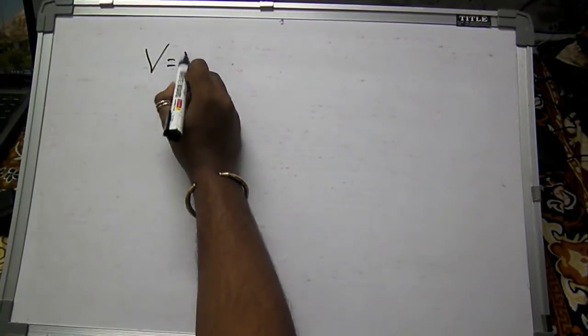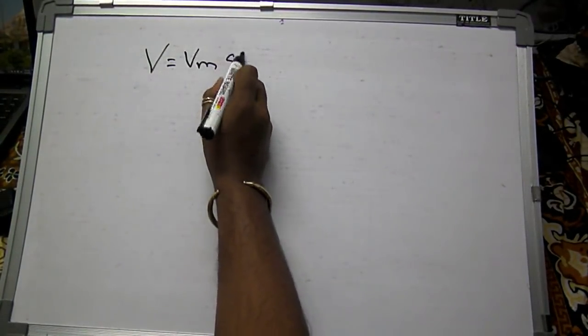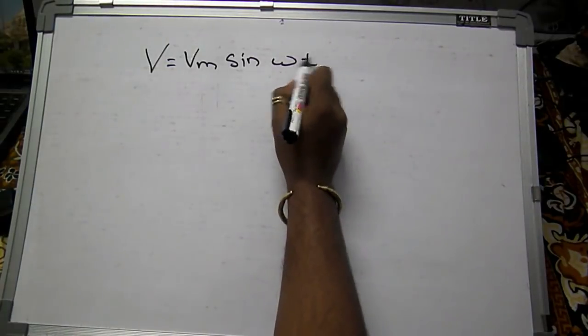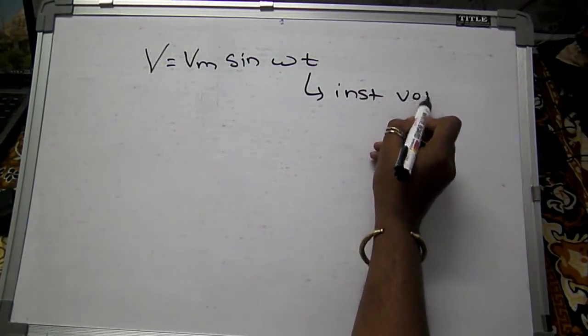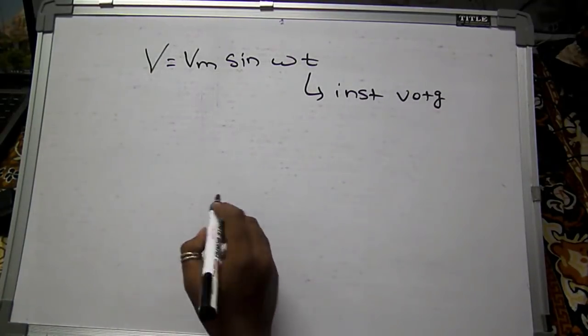So friends, till now we have seen how voltage and current can be mathematically represented. So we came to know that V, that is voltage, is equal to Vm sine omega t, where t is the instantaneous time.